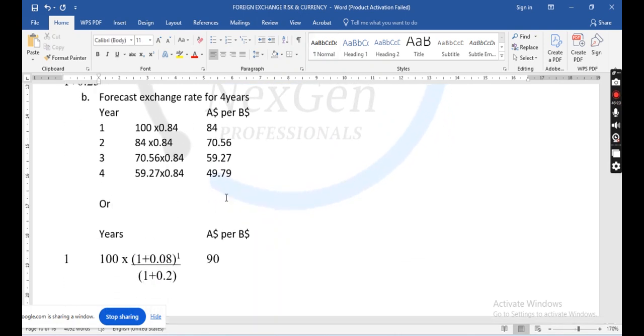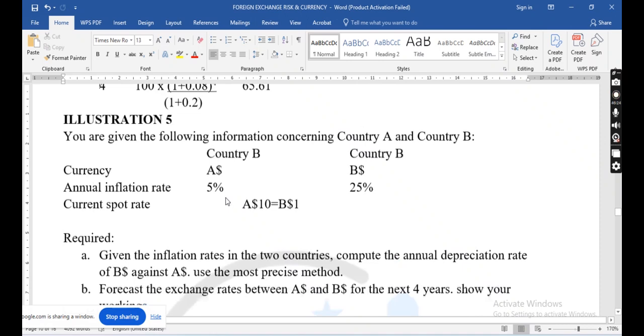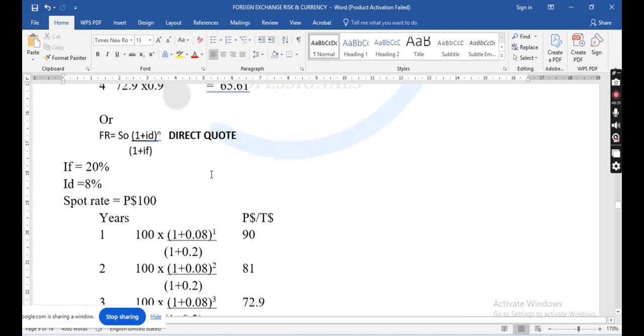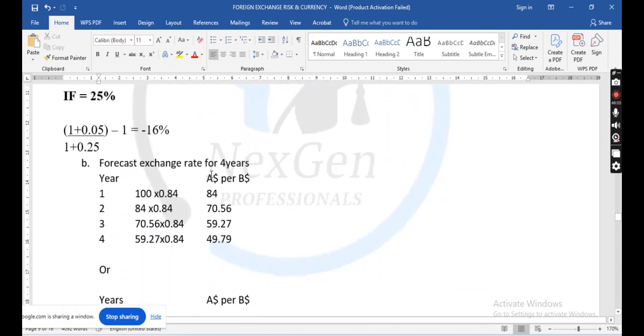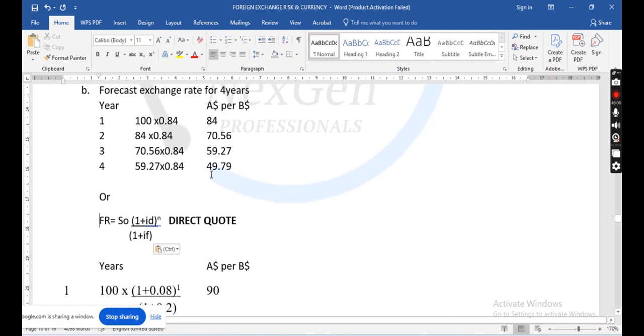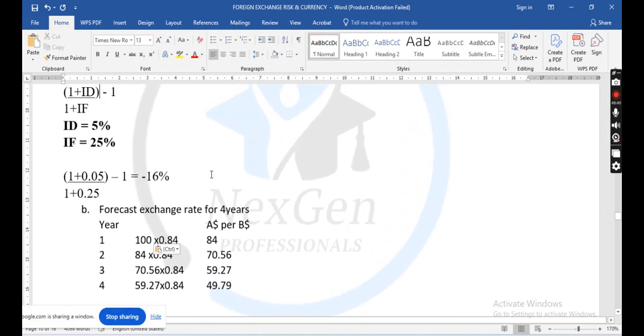So where is the formula? Let me bring it out. So you can use this. What is the ID? ID is 0.05, right?